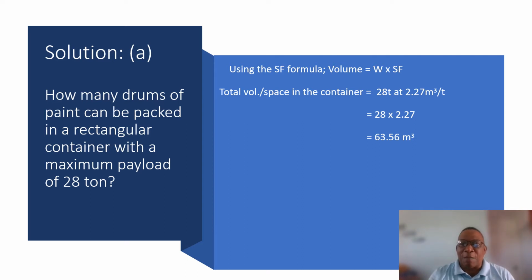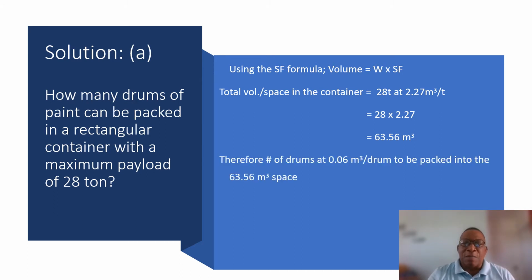Now to determine the number of drums that can hold in this space, we continue by dividing the space 63.56 by the volume of one drum, 0.06 cubic meters. Therefore, 63.56 divided by 0.06 would give us 1059.33.